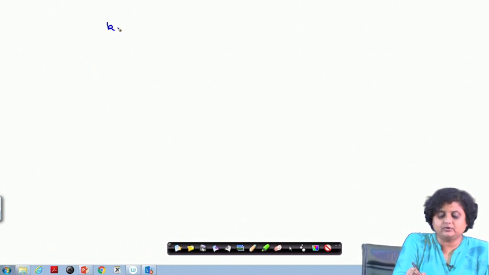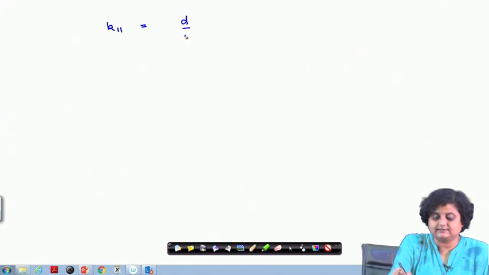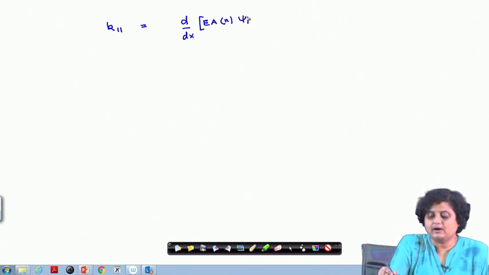So, what is going to be k11? K11 is d dx into EA x into psi 1 dash x at x equal to L by 4, which is my station point 1.